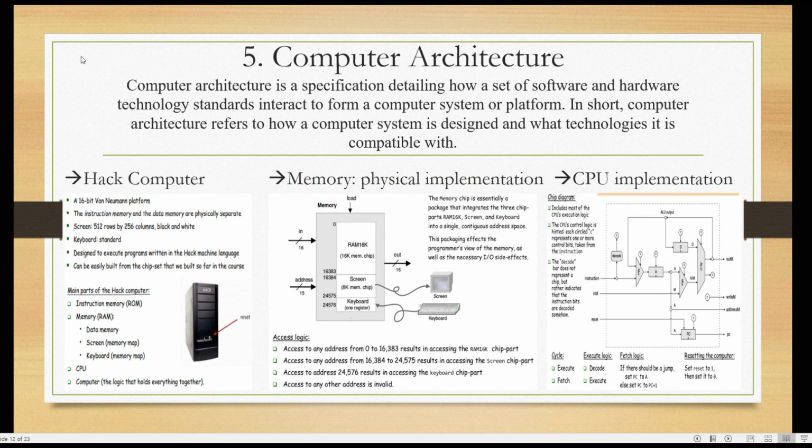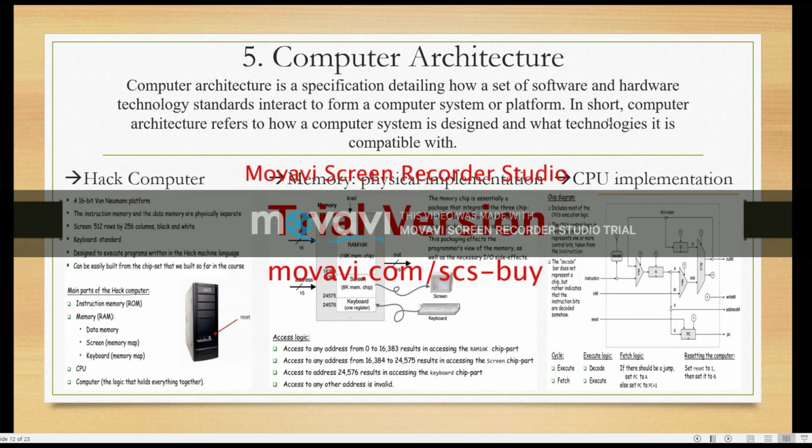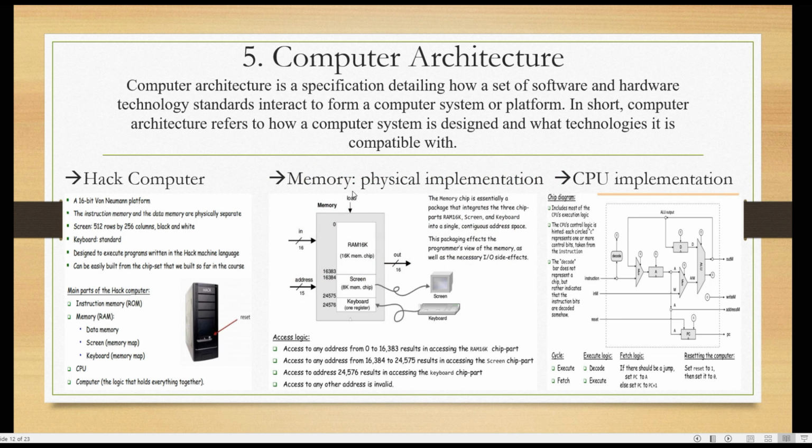And computer architecture. Computer architecture is a specification dealing with how a set of software and hardware technology standards interact with a computer system or a platform. In short, computer architecture refers to how a computer system is designed and what technologies it is compatible with. In computer architecture, we have the Hack computer, memory, and CPU implementation.